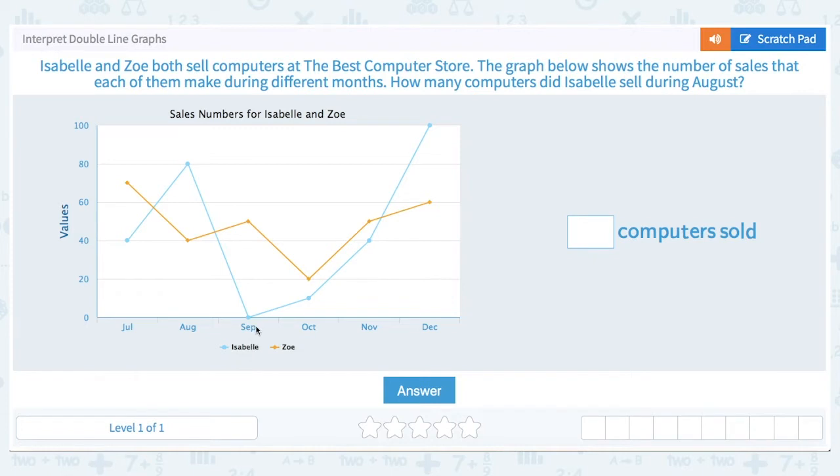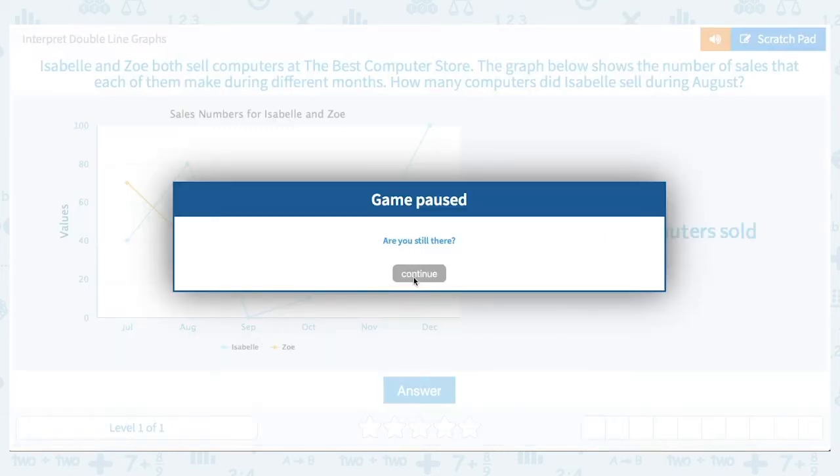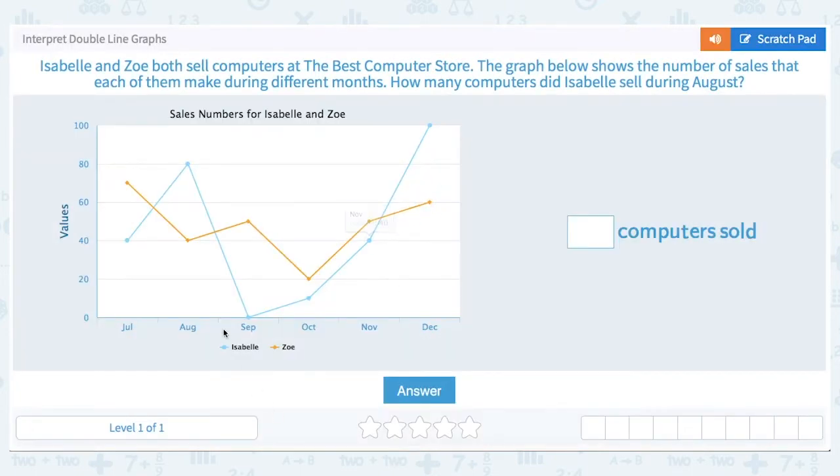The question here asks how many computers Isabel sold during August. So we're going to follow this blue line, and if we go right here, we're right above August.